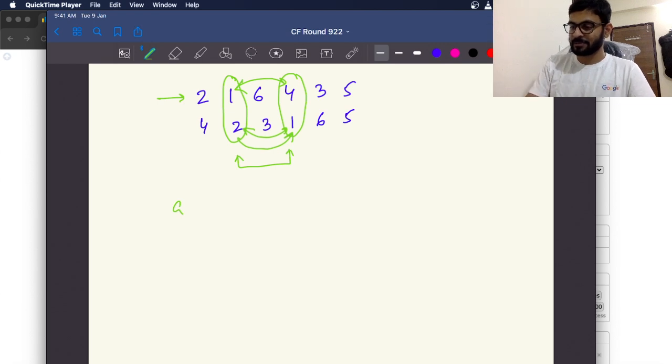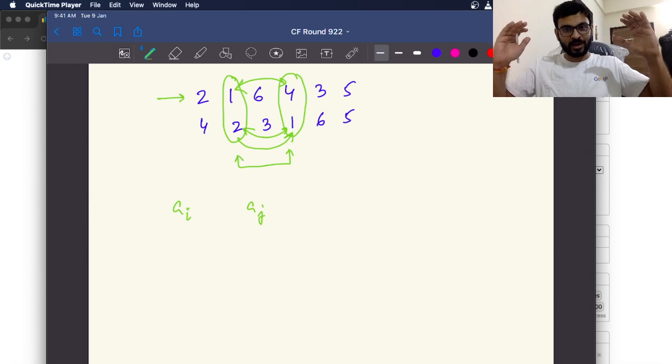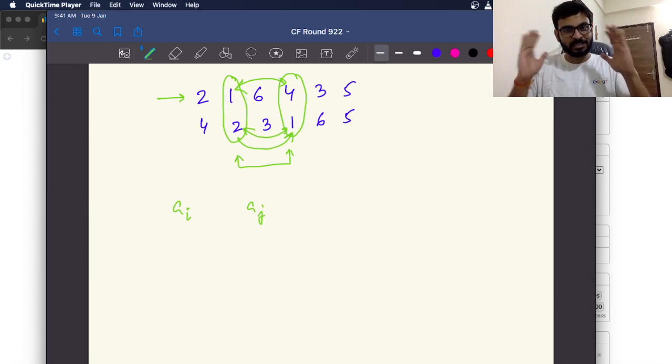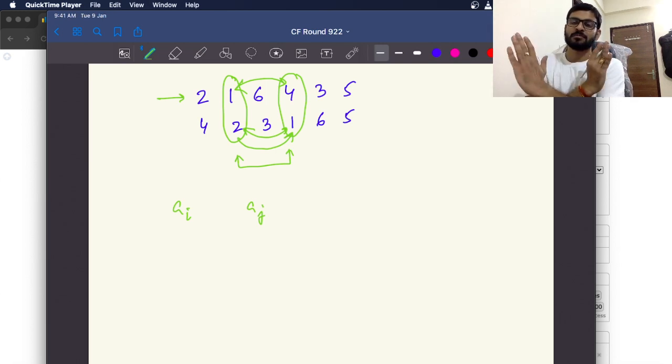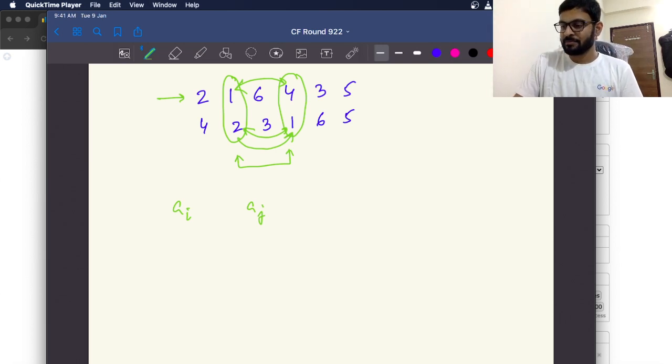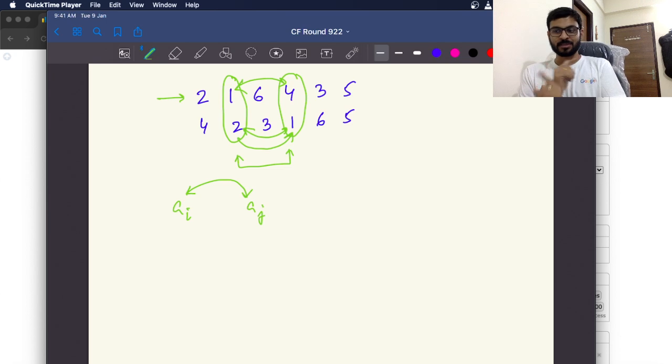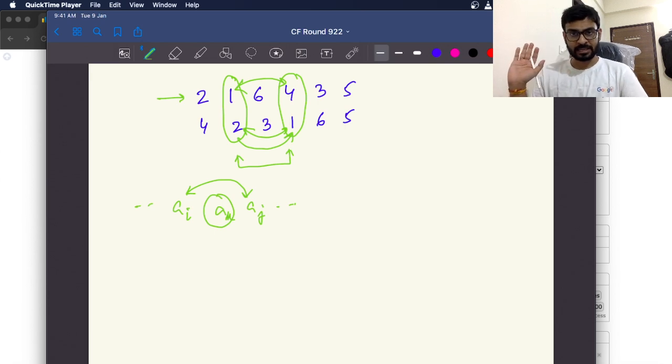If you have some AI and AJ, think pairwise, because it's the inversion that matters. An inversion is defined on the basis of a pair. Don't think that by moving AI and AJ here and there, by swapping them, you will make others happy, like AK sitting over here and others over here. Don't think like that.